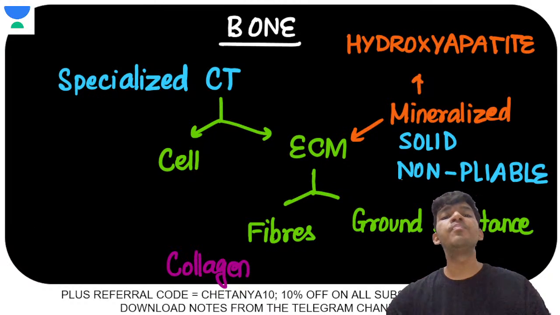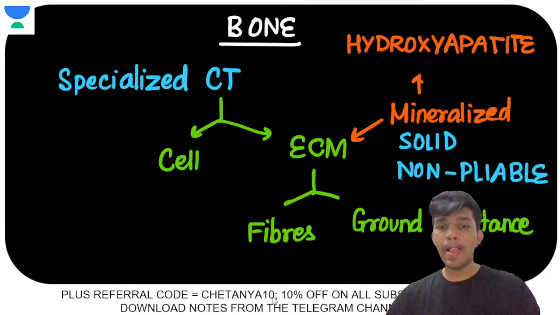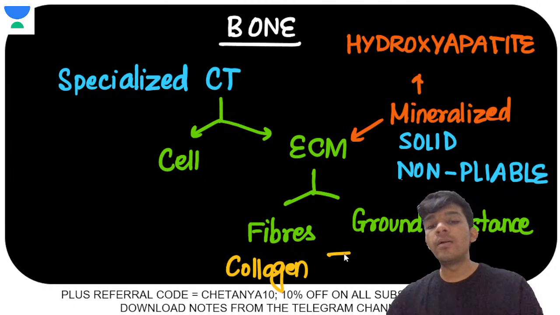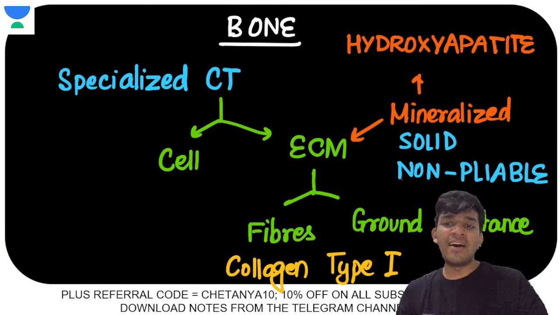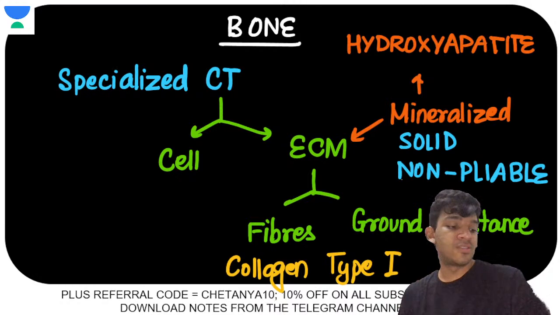I'm just specifying here collagen type 1 for clarity. Almost 90% of the bone matrix is collagen.